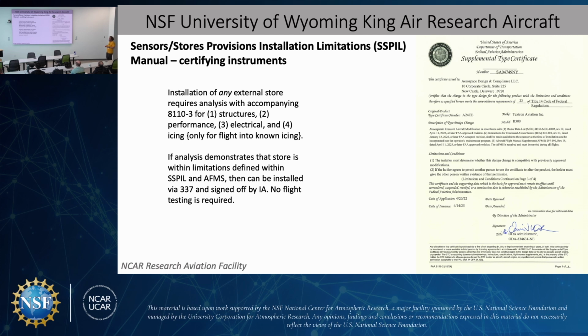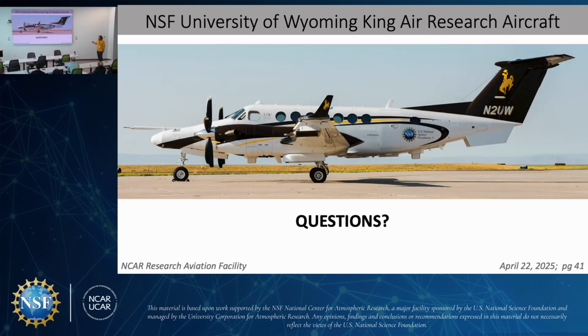And when the analysis demonstrates that the store is within the limits, it can be installed via 337 on a field approval. And on the right-hand side is the copy of our STC for this aircraft, which was issued just last week. And I think that is it for the slides, and I'm happy to take any questions.